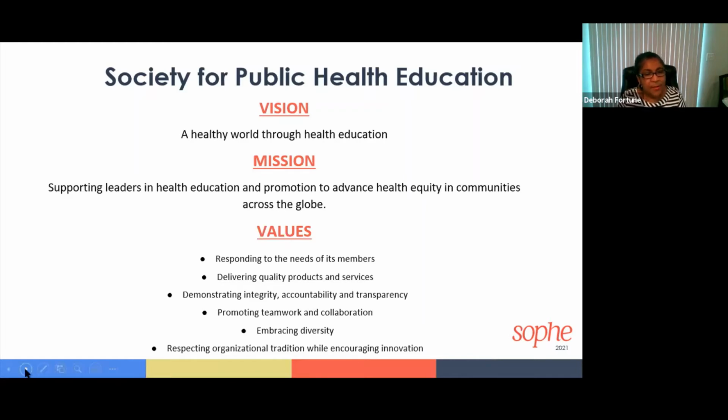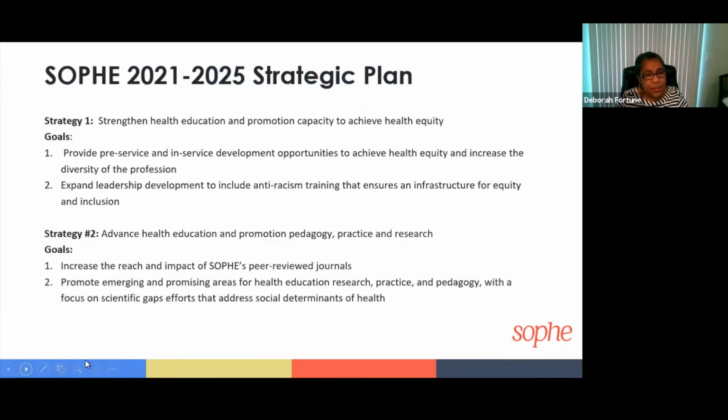In terms of our strategic plan, we worked very hard this past year to update our plan, and now this is our plan for 2021 to 2025. We have 4 strategies. I'm not going to read the goals, and I think you will pick up a common theme through our strategy, and it is around promoting and advancing health equity.